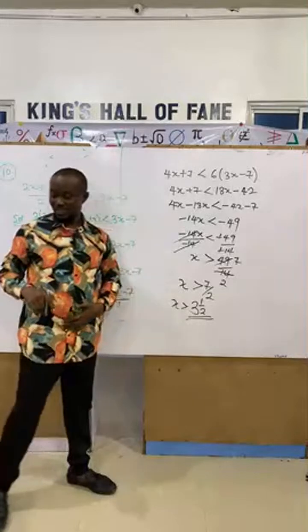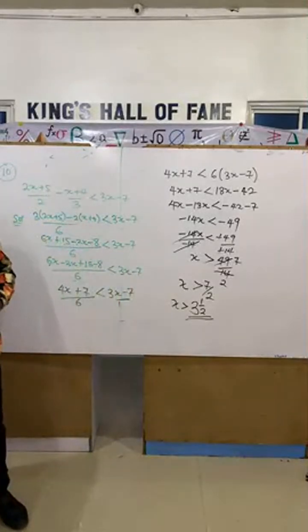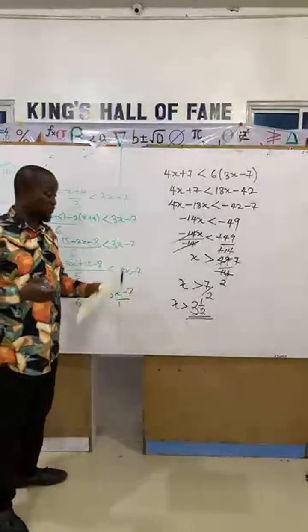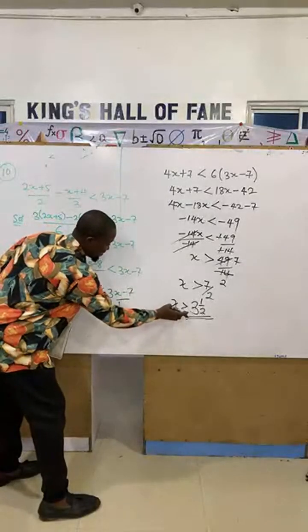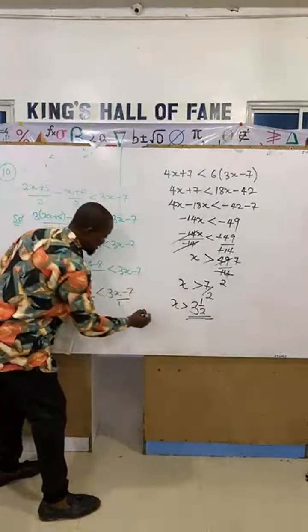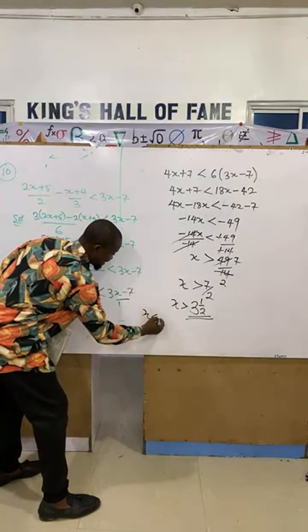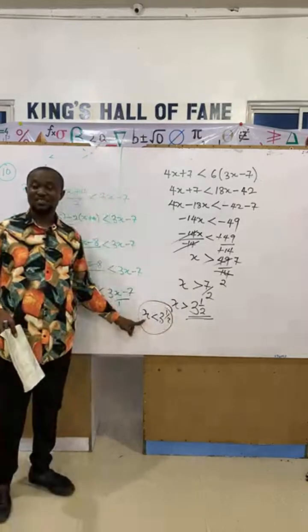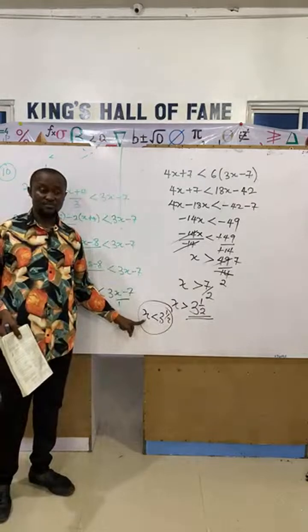Take note. Let's check the answer. My good people, see what examiners will do for you. They will give you the same answer, but they will put x less than as one option and x greater than as another. You rush and pick the wrong one, which is very wrong.